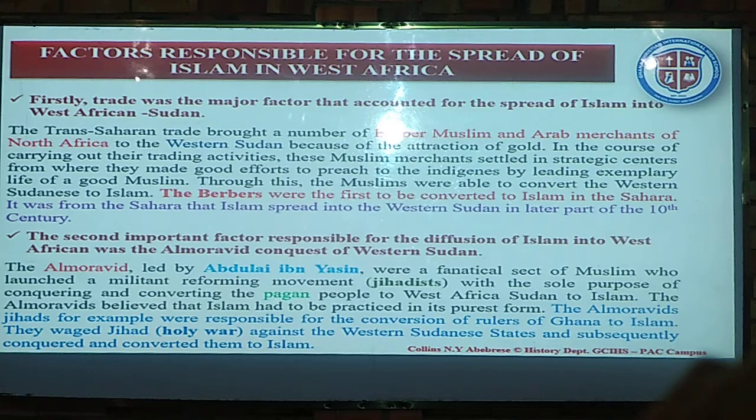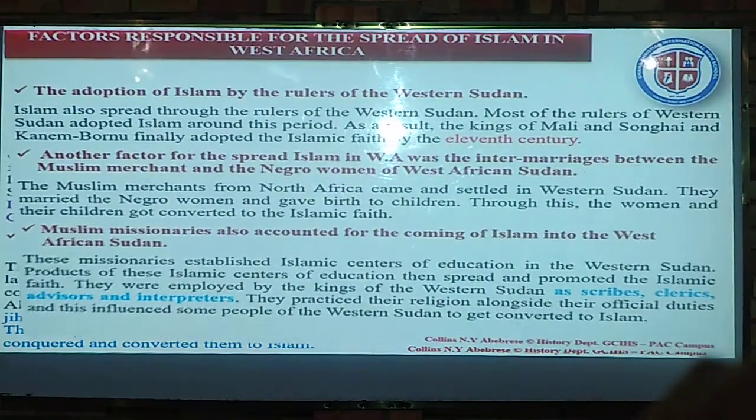So the Almoravid invasion of the Western Sudan also led to a further spread of Islam, even though trade had brought it. They wanted everybody to be Muslims, and so they waged that jihadist war. I hope you are clear with that.